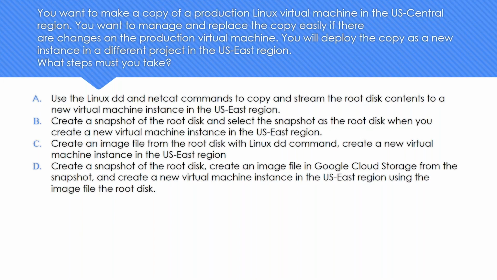So create a snapshot of the root disk, and select the snapshot as a root disk when you create a new virtual machine in US East region. Why option B should you consider or should you not consider, folks? What could be the reason? Any reasons on this? At least we have worked on a good amount of snapshot use cases. What happens with option B, folks?